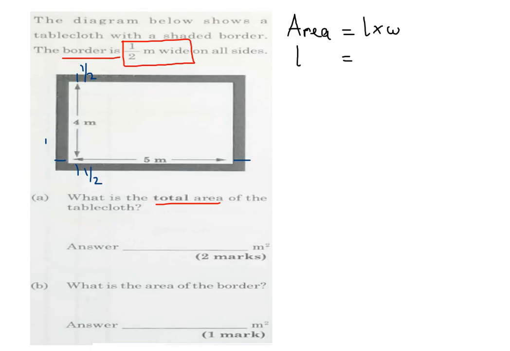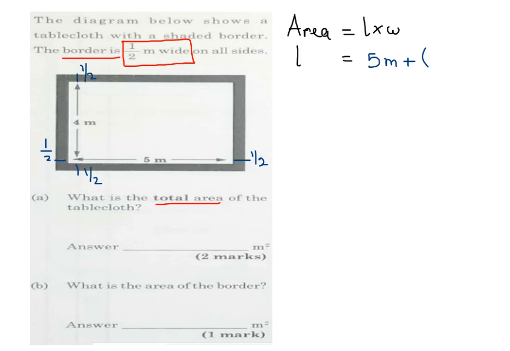So in total on the length, we're adding on an extra meter, right? Because we have to add on a half on both sides.